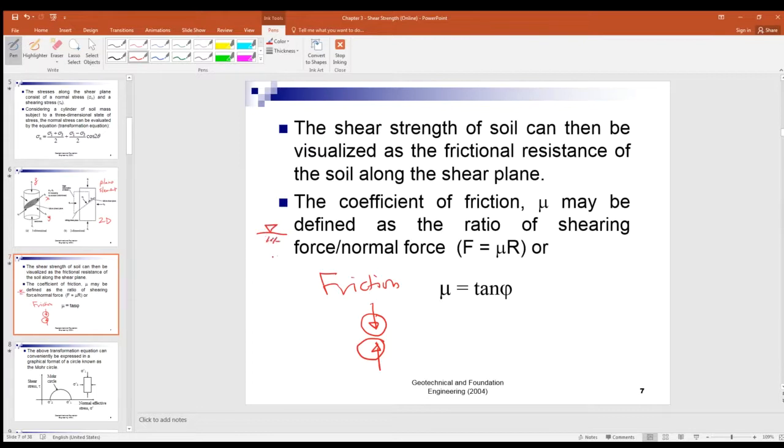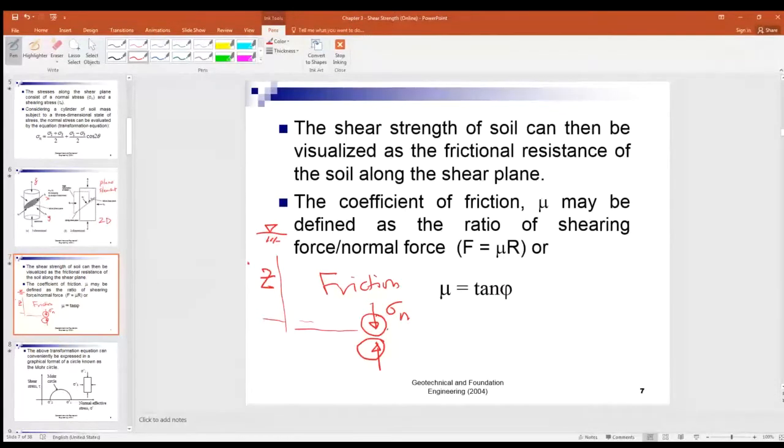Here's the ground level. So you have a very deep depth. So this normal force, sigma, normal force, is very heavy. So these two particles are simply compressing each other, right?